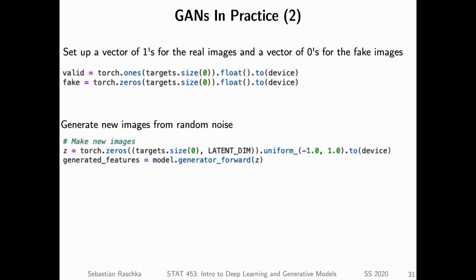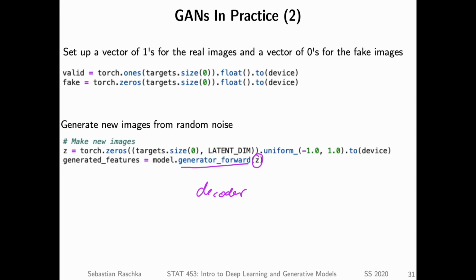Next, I'm going to generate the new images from random noise. So I'm going to use the generator. That is a generator model I implemented. I'm not showing you the forward method here, but there is a forward method, and it is very similar to the decoder that we had in the autoencoder. And this one is generating the images from the vector z.